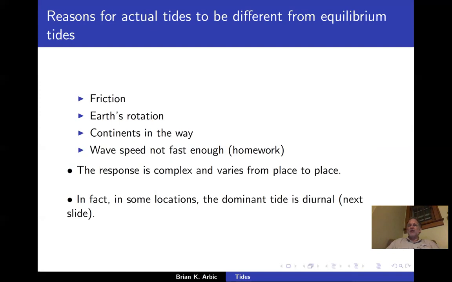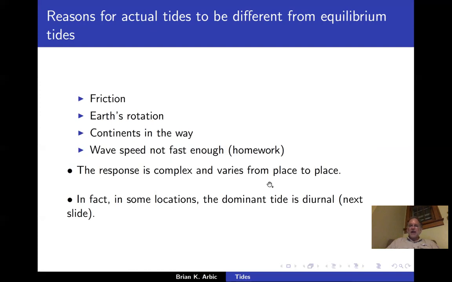What you'll see is that the waves are not traveling fast enough to keep up with that wave. So even if there is no friction or other complications, even if it was just a water world, you still wouldn't have the tides equal to the equilibrium tide because the waves are not fast enough.